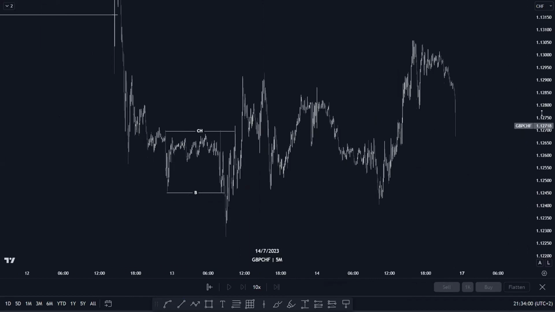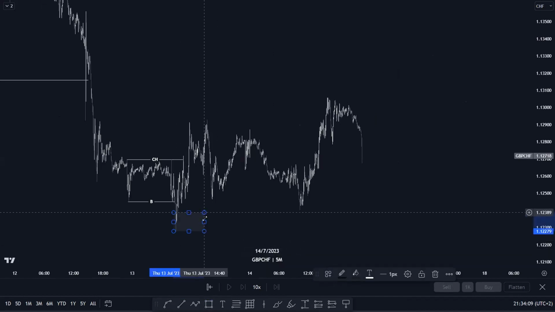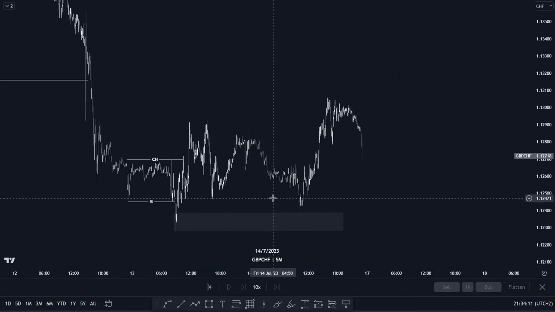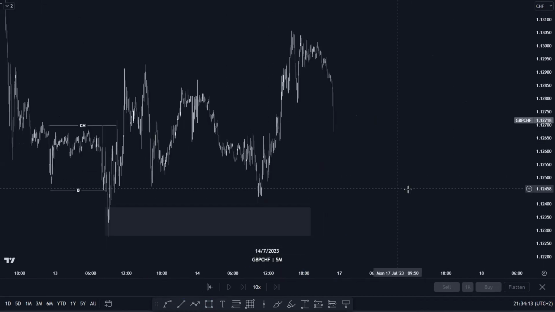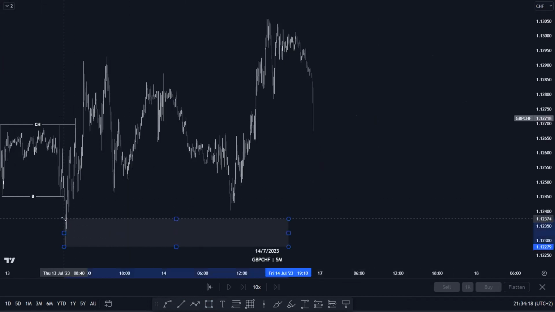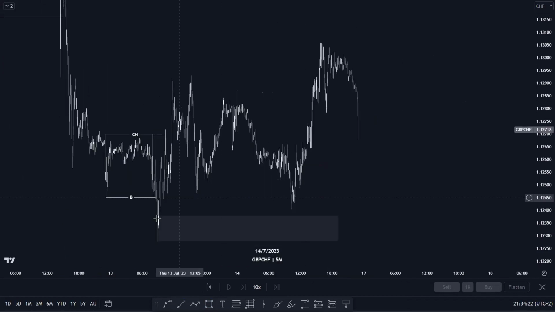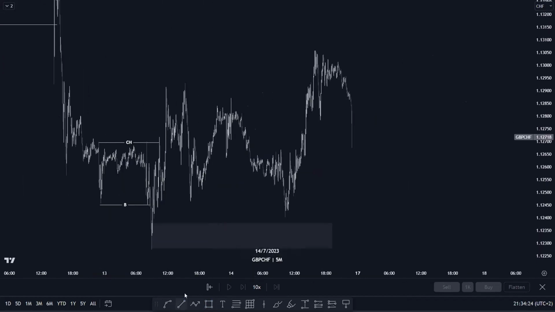And you can see that price respected our low here, meaning that it respected a zone. It didn't exactly go into our demand area here, but then eventually it respected our low here and then violated our previous high.